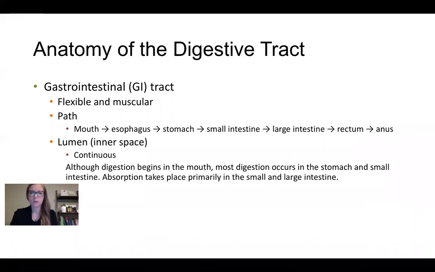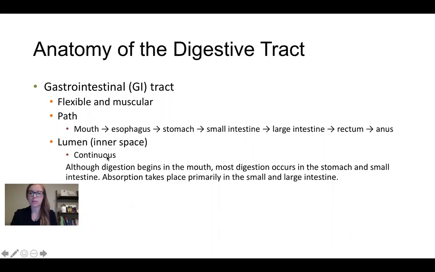All right, so we learned a lot about the anatomy of the digestive tract, known as the GI tract, which starts as gastrointestinal tract, flexible and muscular. So we have the mouth, esophagus, stomach, small intestine, large intestine, rectum, and then anus. Okay, so that's how the process is. It is continuous.